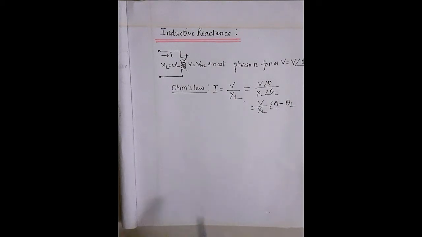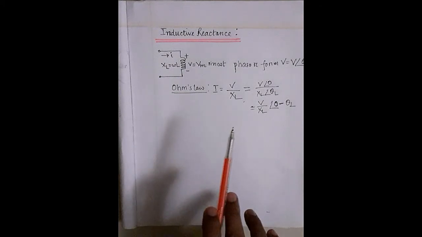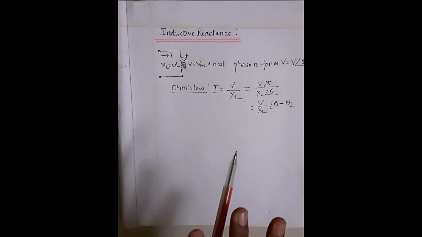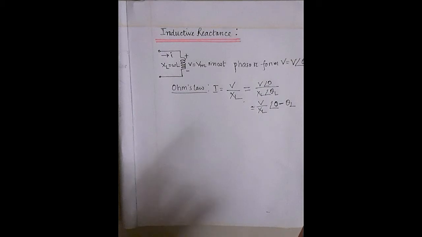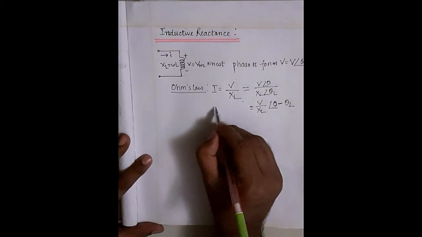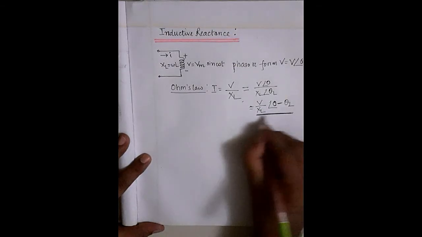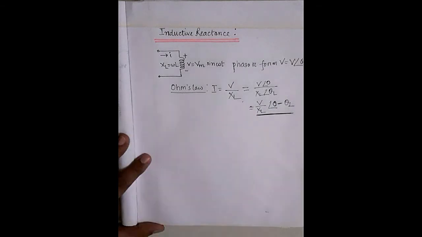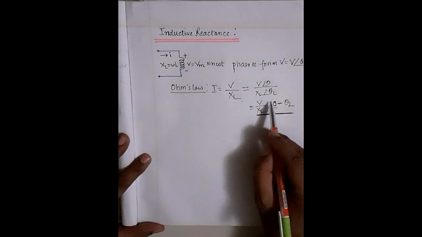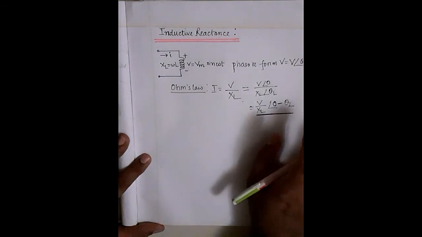So if we want to satisfy this condition, what should be done? As you can see over here, the current value I have written down is V over XL, with the phasor 0 minus theta of L.